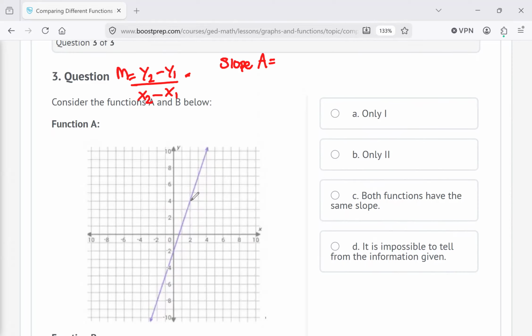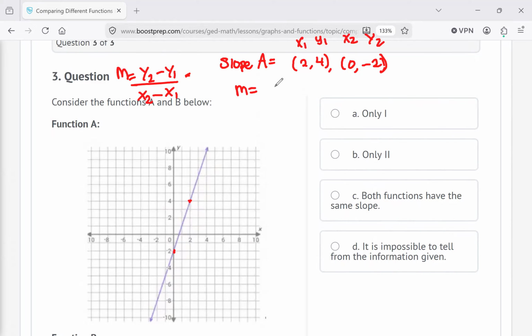So if I chose this point, for example, 2 comma 4, and then another point would be 0 comma negative 2. And then if I do x1, y1, x2, y2, what would be my slope?